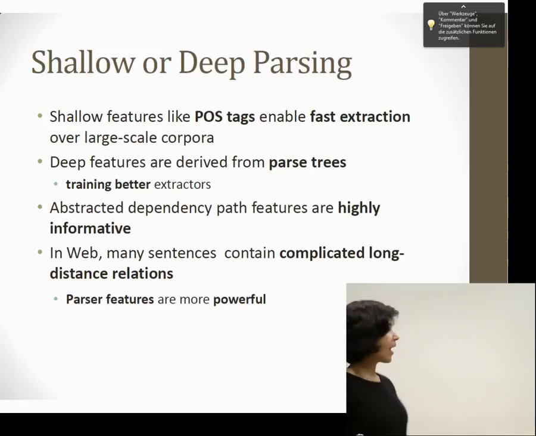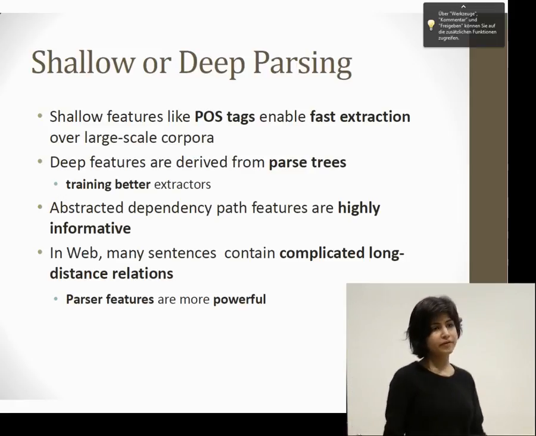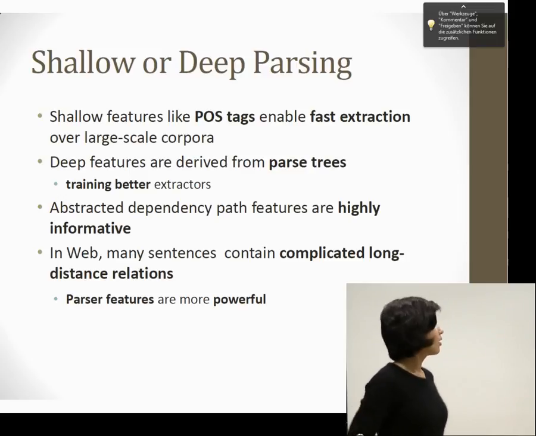And on the web, we have very complicated long-distance relations. So parser features would be more powerful on large-scale corpora like the web.